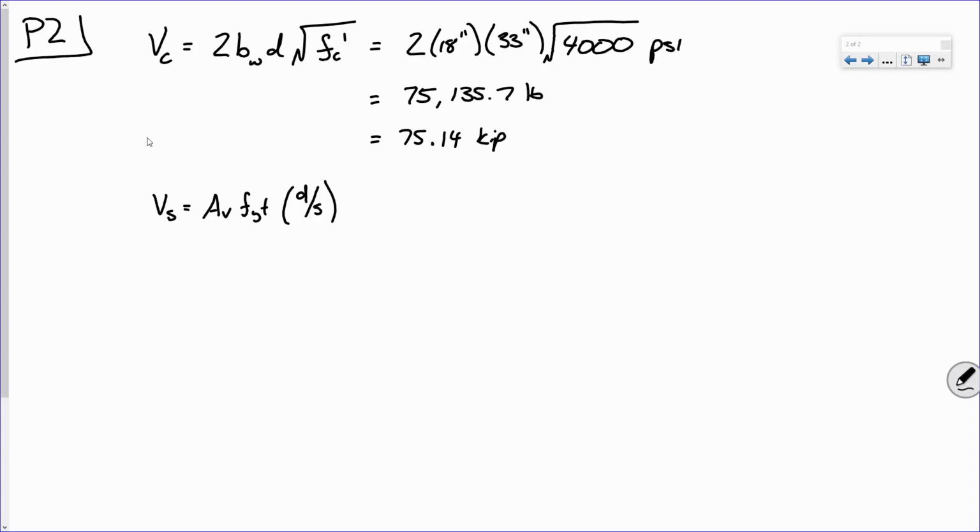So what type of bars are we using for the stirrups? Number 3s. What is the area of a number 3 bar? No, you're talking about the diameter, and it'd be 3 over 8. 0.11. Okay, so the area of a number 3 bar is 0.11 square inches. So what's our area in shear?